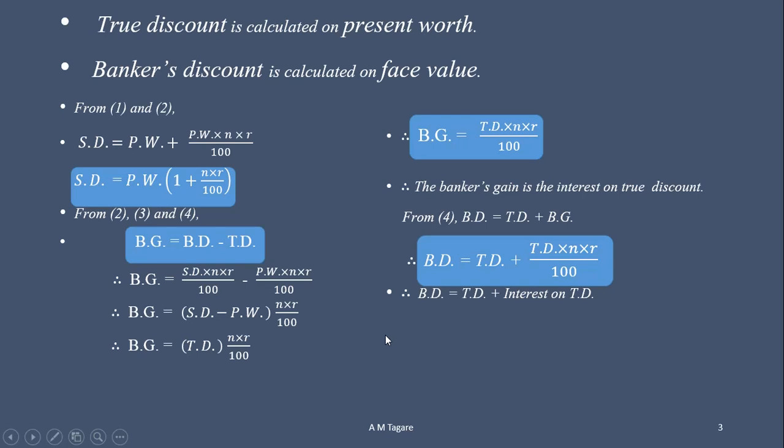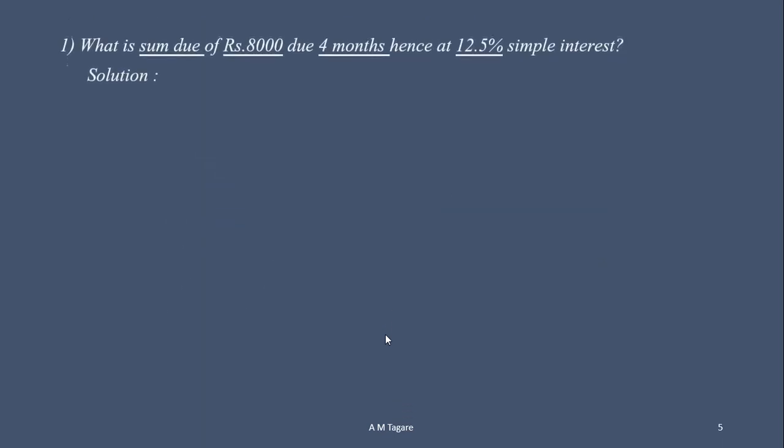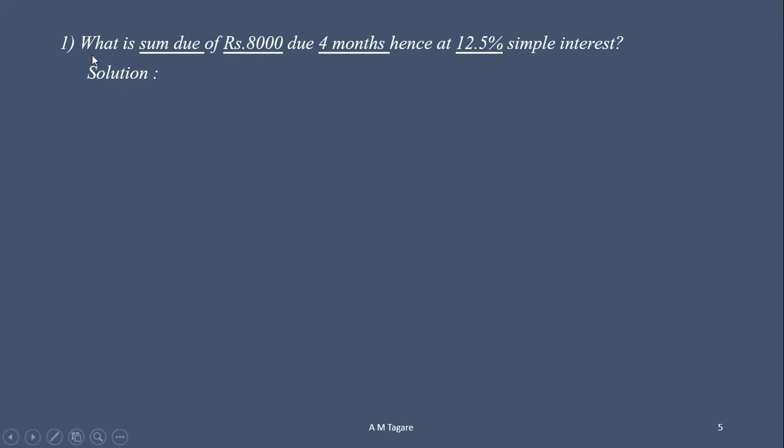Now in this part, we are solving only those examples where the date of discounting is not given. Directly the period is given. So let us solve these examples. First example, what is the sum due of rupees 8,000 due 4 months hence at 12.5% simple interest?